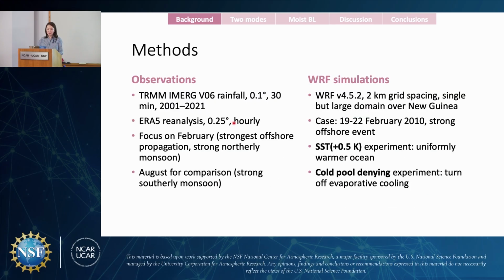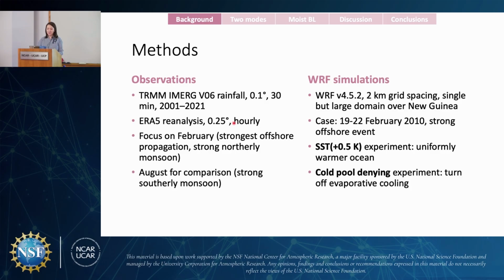To answer these questions, we use both observations and simulations in this study. We first used Stage IV-enriched data for 21 years to study the climatology. And we also use ERA5 analysis to study the large-scale background, especially influenced by the cross-equator monsoons.